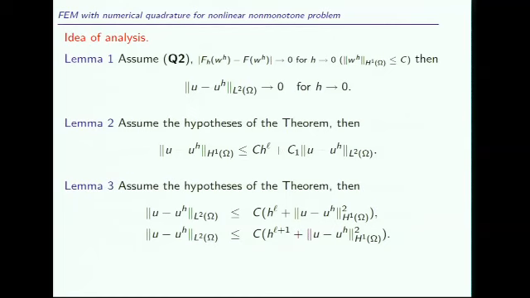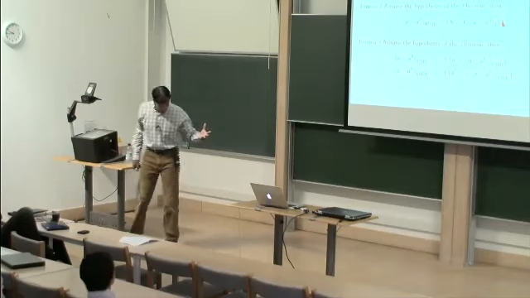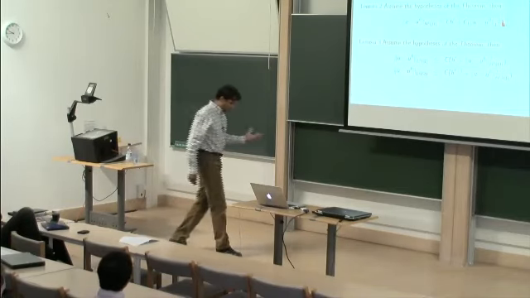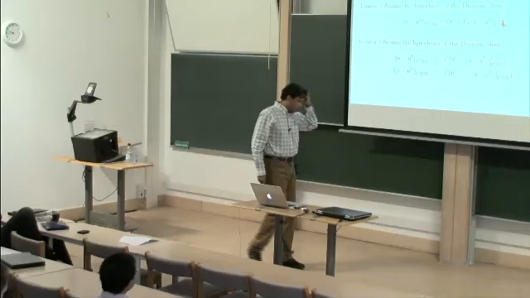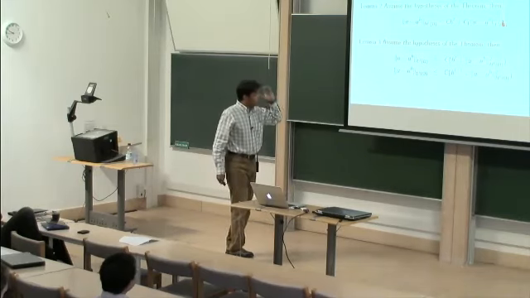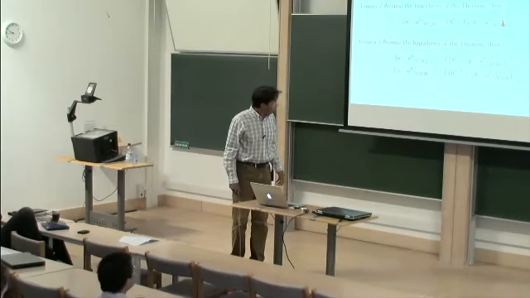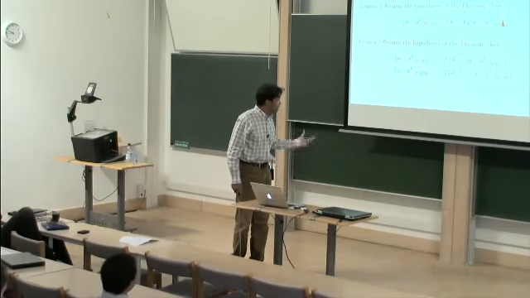So I will not comment too much on that, but for example, this result here relies on the linearization of the problem, considering as one does when one wants to have optimal result in FEM, Nitsche duality arguments.